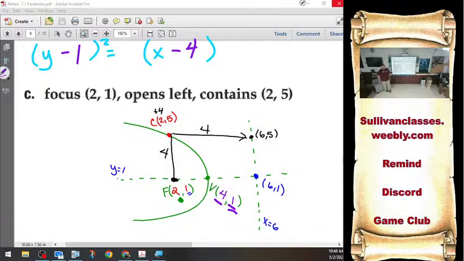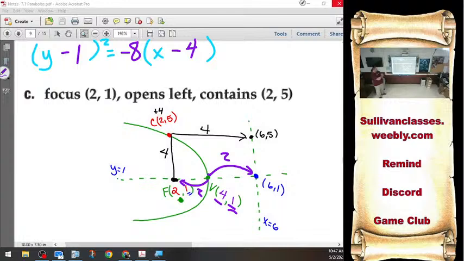What else do I get now that I know the midpoint of that set of pairs? I know that we're going to p in this direction too, and we're going to p in that direction too, which means this is 4 times that, negative because it opens to the left, to the negative portion of my graph, -8.